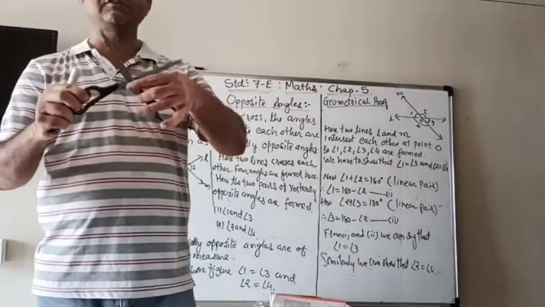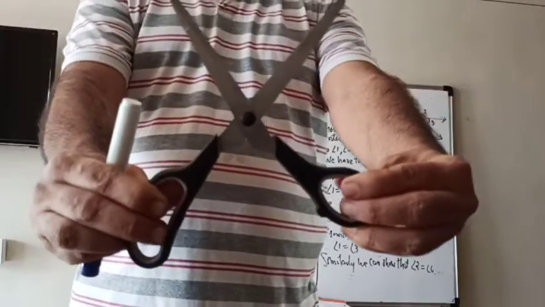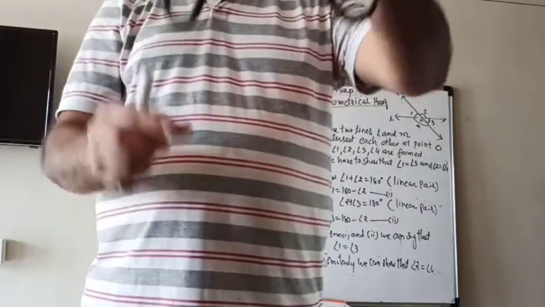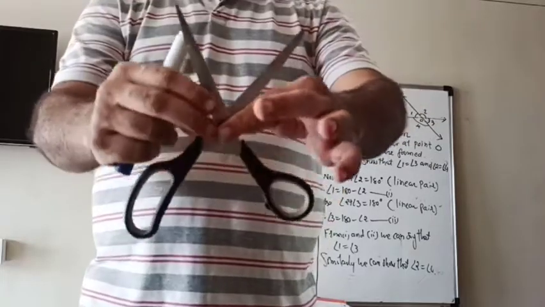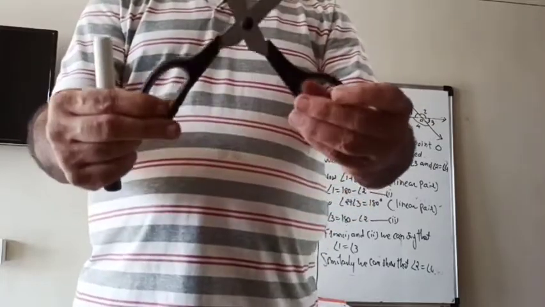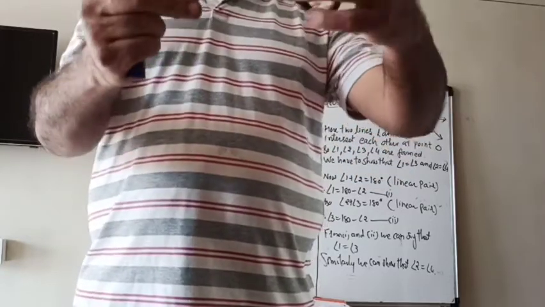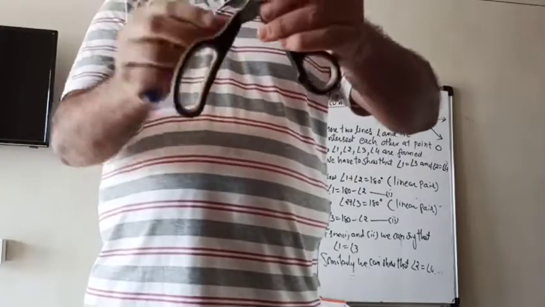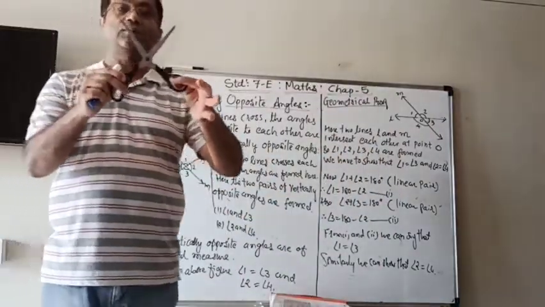When we open the scissor, at this vertex, angles 1, 2, 3 and 4 are formed. So here the upper one and the down one are vertically opposite angles, and similarly the two angles on this side are also vertically opposite angles.